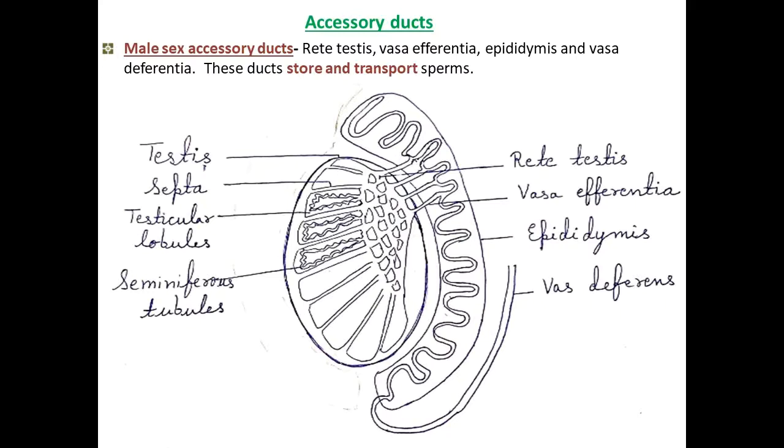So these four are the male sex accessory ducts.